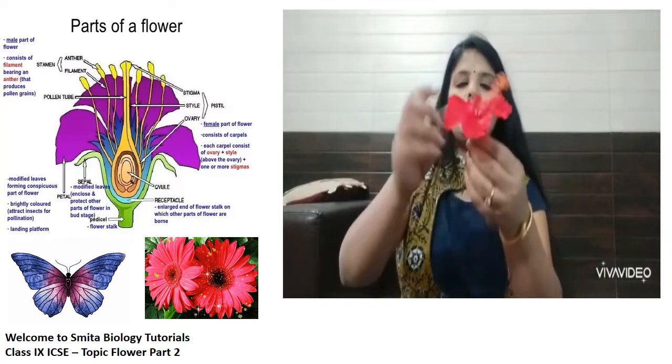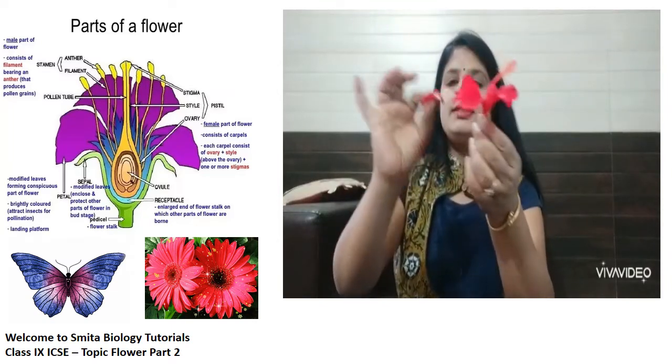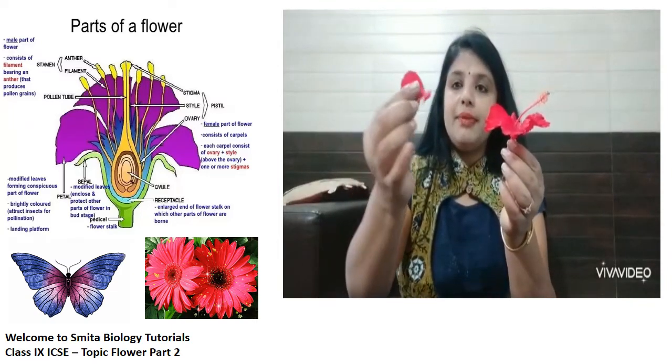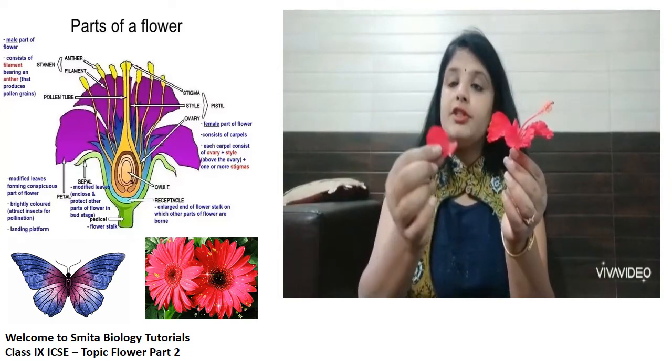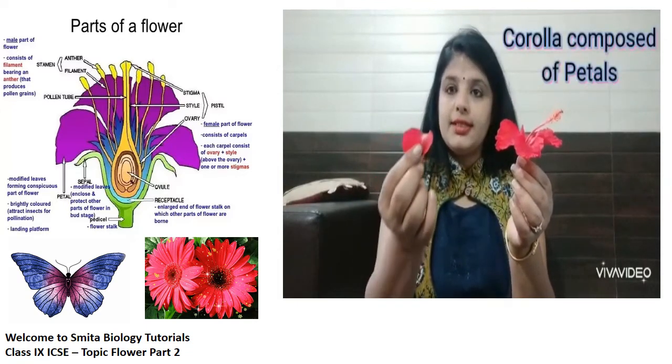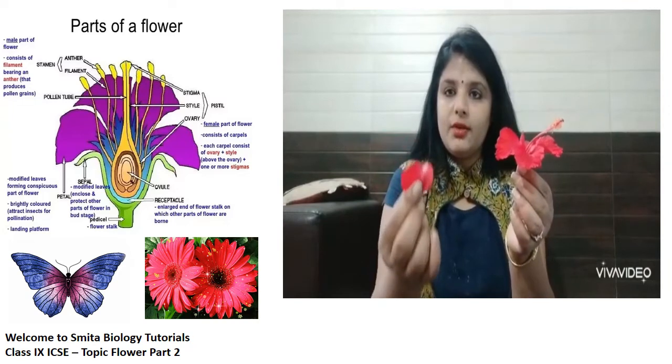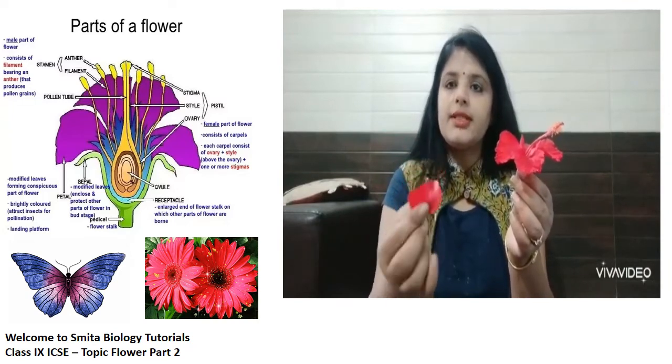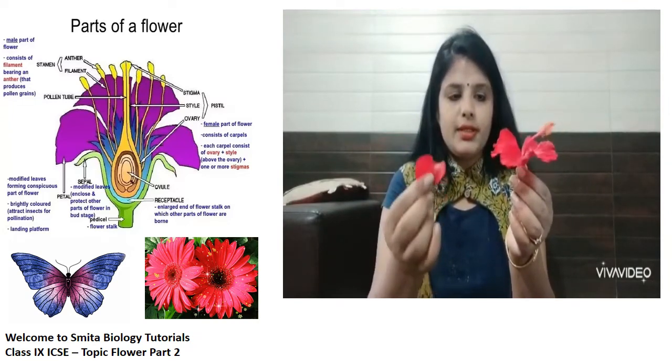Now moving towards corolla, this is made up of petals, and petals are colorful, which makes the flower beautiful, and this beautiful color is required for pollination because it attracts insects and birds for pollination.